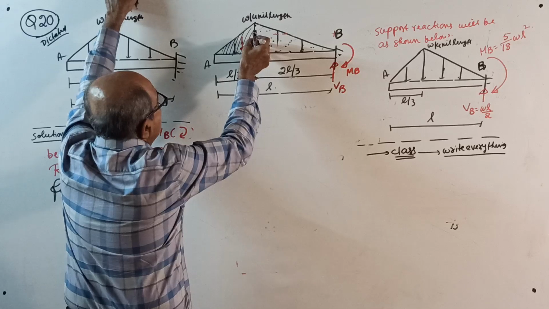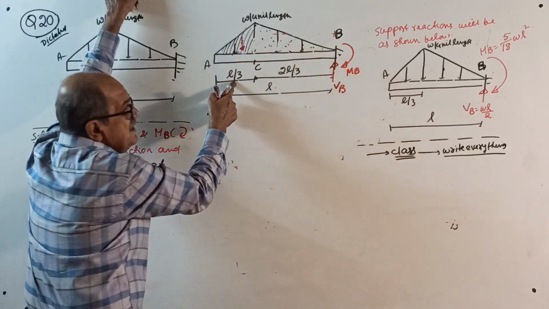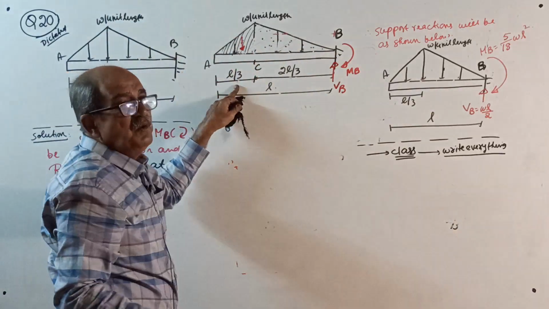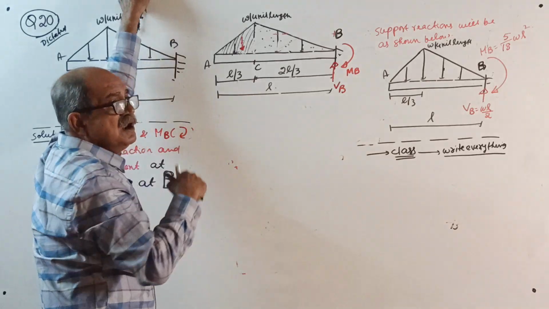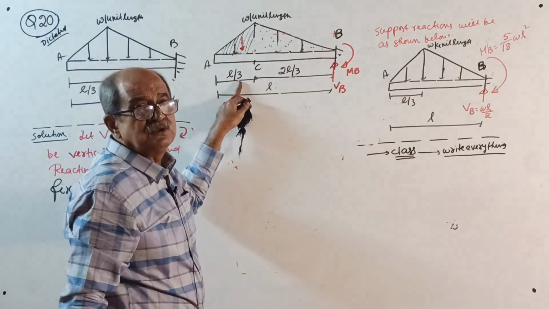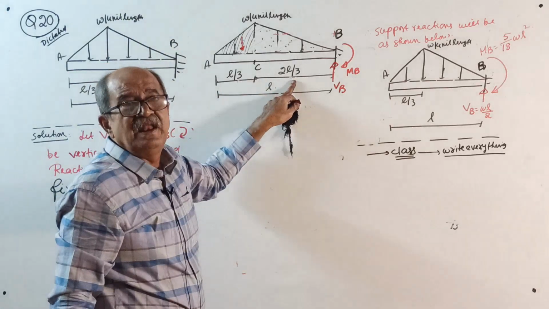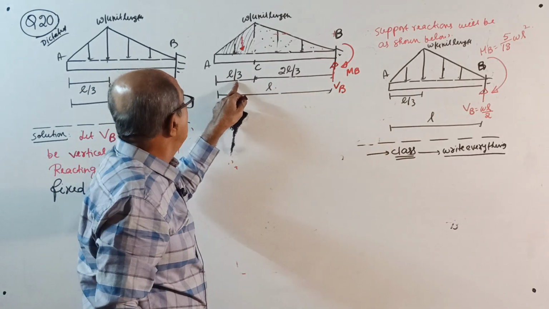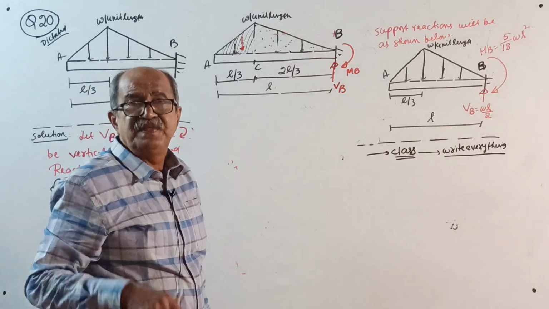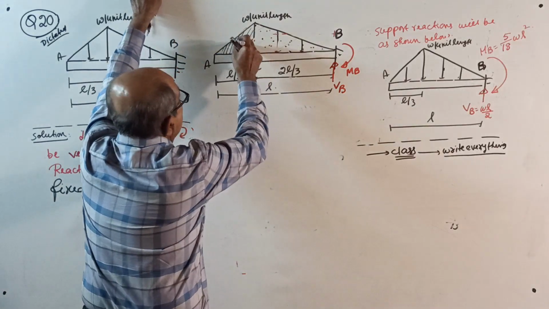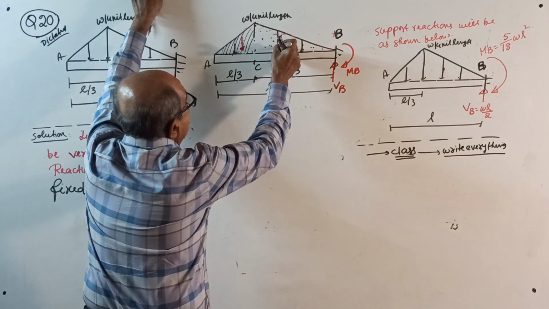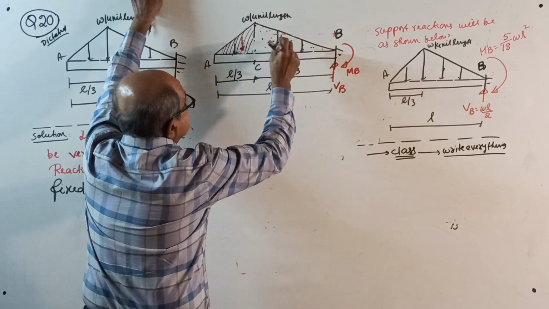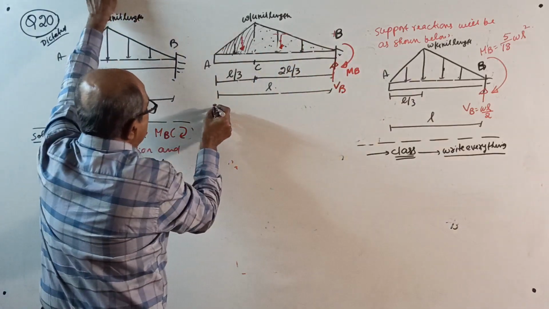This is from here 1/3. That 1/3 is not this 1/3. This is the given 1/3. That is the standard 1/3. They can give L by 4 instead of L by 3, or L by 5 also. This will become 4L by 5 then. Do not remember L by 3, 2L by 3; remember that 1/3, 2/3. So this is 1/3 here. Total load is acting here. From here it will be 2/3. Remember that one.